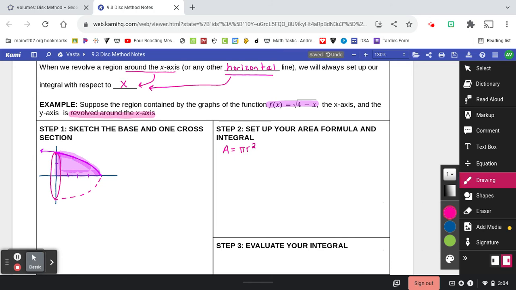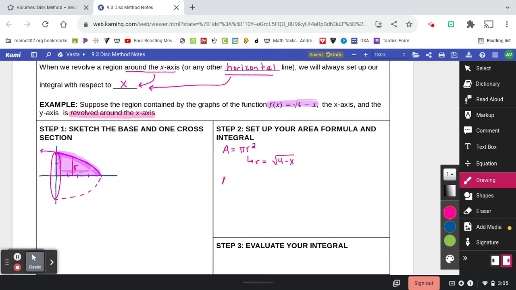Now in this picture, the radius of that circle is going to be the distance from the function to the x-axis. Not all the way to the bottom, but just to the x-axis. Going back to my area formula, r is going to be equal to the top minus the bottom, the distance between those things, which is the square root of 4 minus x.